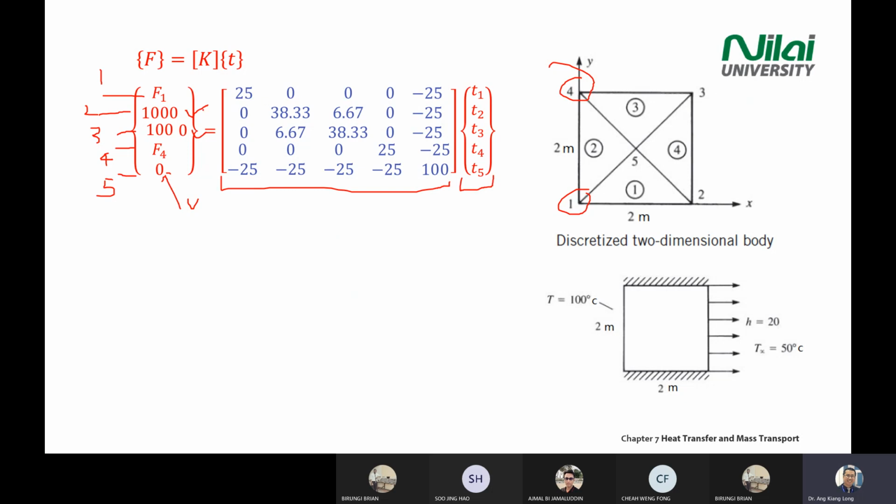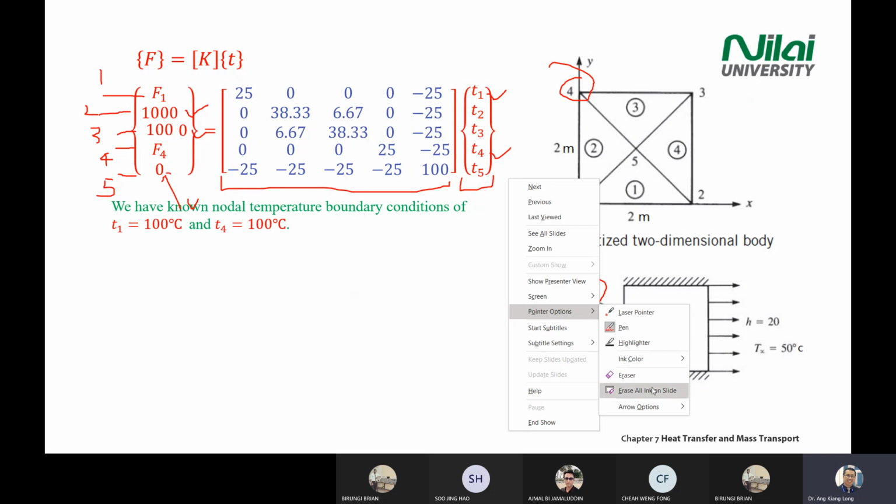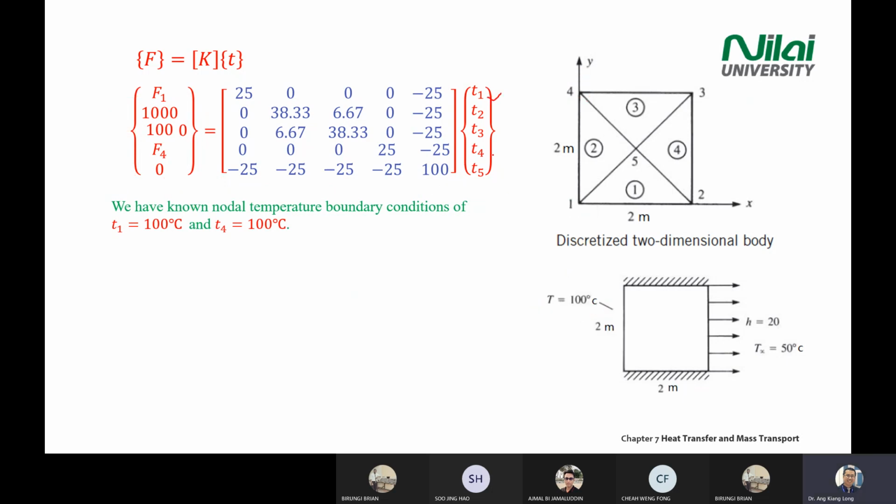So in this case, you have 5 unknown. However, T1, you know, T4, you know the value, all right? Because temperature given over here. So you just substitute the value of T1 and T4 as 100 degrees C, because this point is 100 degrees C, this point is 100 degrees C. So you substitute this 100, this 100.